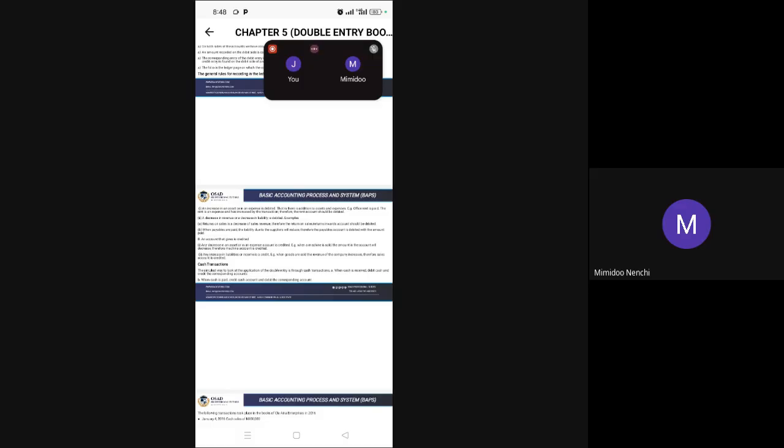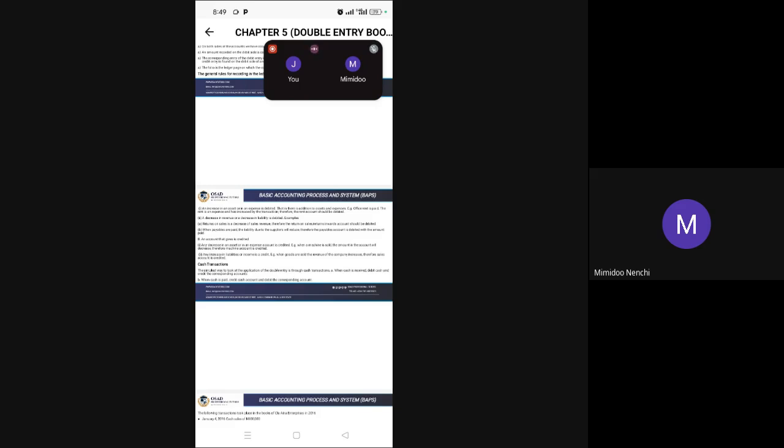Likewise, when cash is being paid, you credit the cash account and debit the corresponding entry.